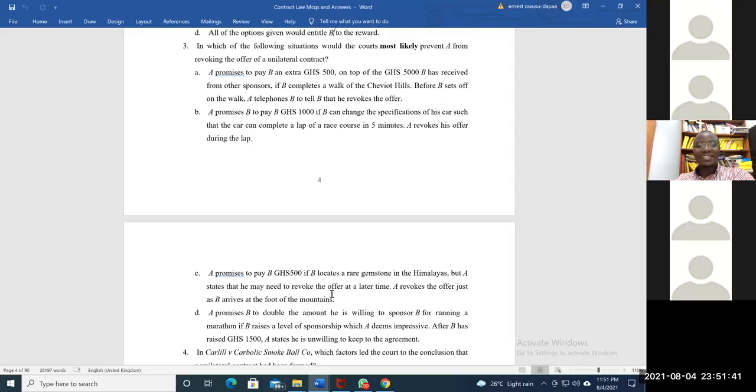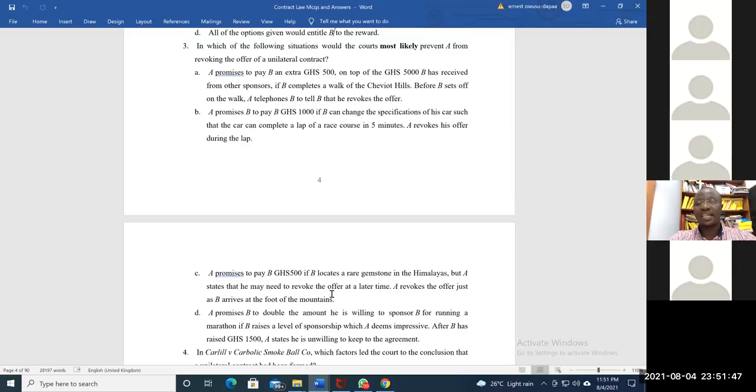Oh, you think A is the answer? You see, A will fly in the face of Errington and Errington, isn't it? Because performance has commenced. Or you don't think that performance has commenced? Performance has not commenced. And the question is that in which of the following situations will the court most likely prevent A?